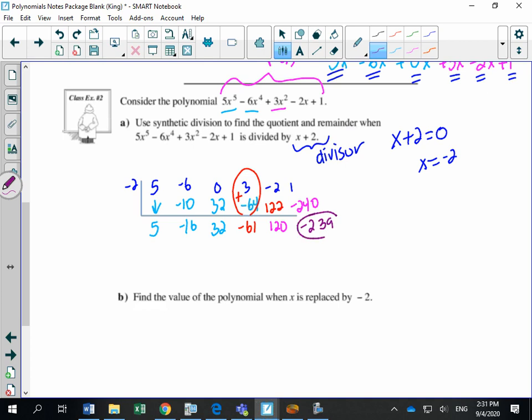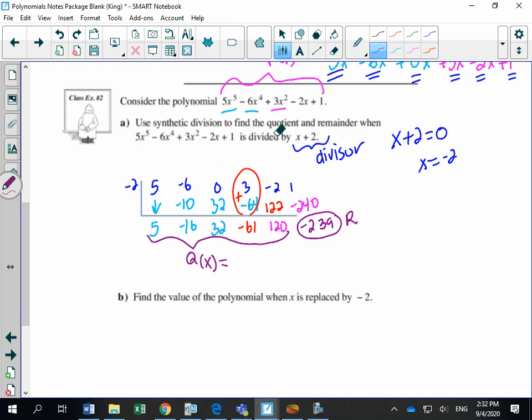Okay, I always circle this. That last number is always my remainder. This is always going to be my q of x, what my quotient is, right? Your quotient is q of x. I look at the degree of my polynomial function, and it was a 5th degree polynomial. So the degree of my quotient is going to be 1 less. This is going to be a 4th degree polynomial.